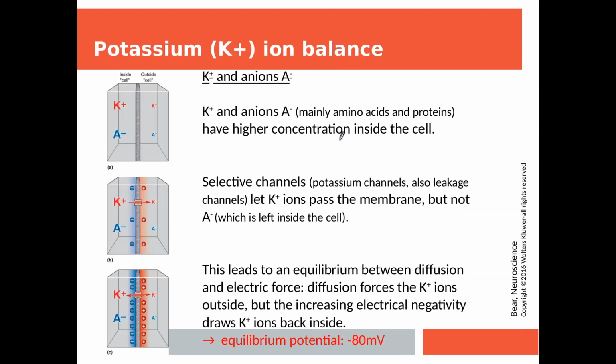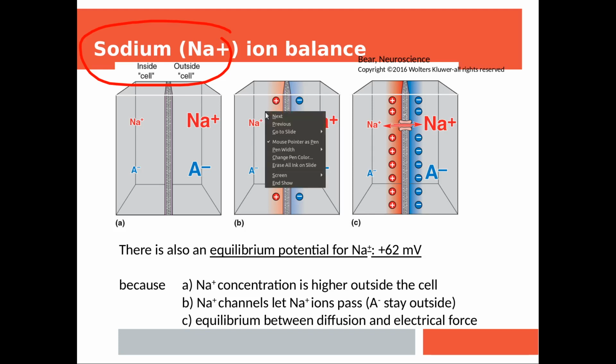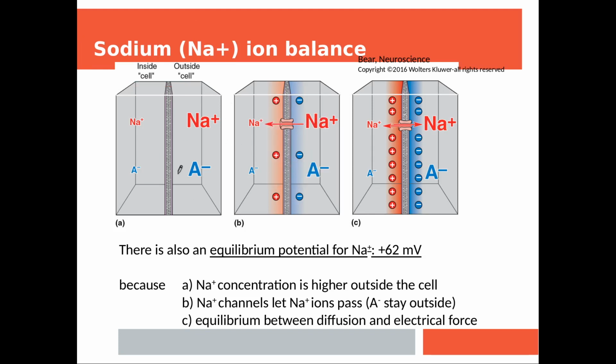So first I talked about the potassium balance, the K plus balance. But there's actually another balance. There are other ions in the cells and outside. The next one I'm going to talk about is the sodium ion balance. The situation here is the same as the potassium case, but kind of opposite.